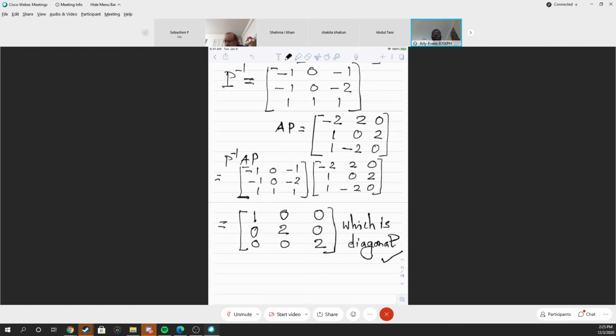Yeah, I just did it, and it is a diagonal matrix. Okay. Nothing to worry about that. Once it is a diagonal matrix, it's fine. As long as it is a diagonal matrix, yeah.